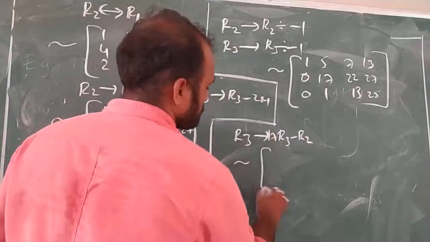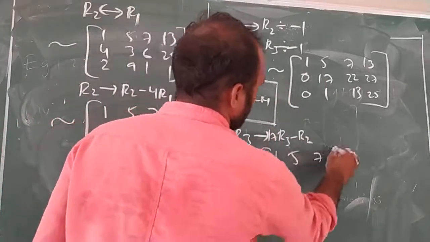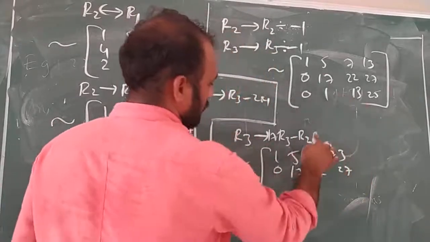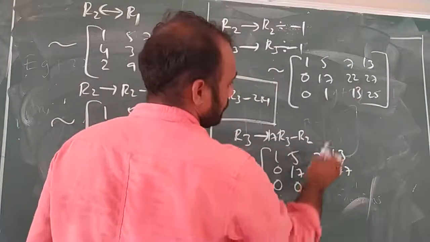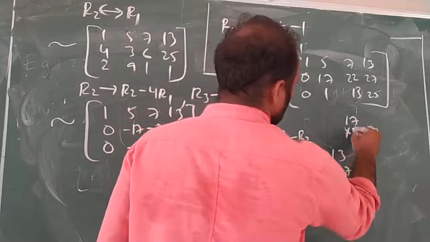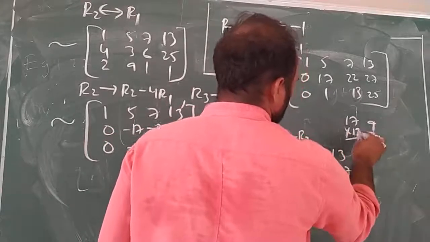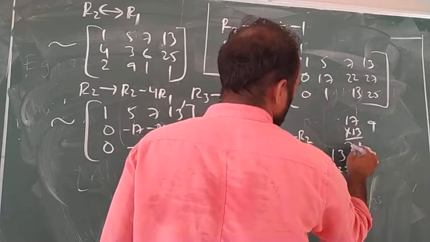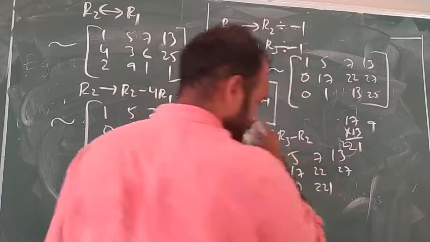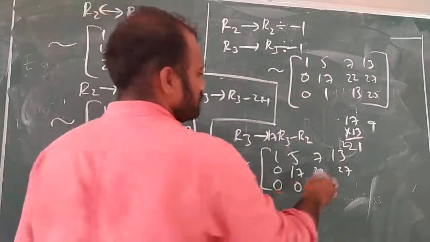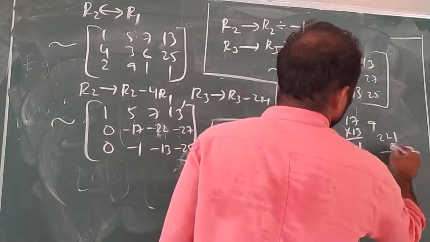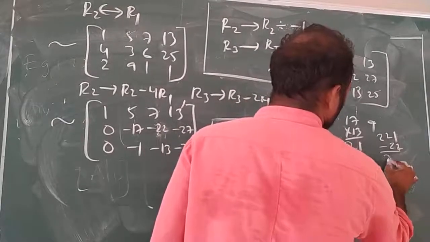So how will the matrix form become here? 1 5 7 13, 0 17 22 27, and here 0 0, then 17 into 13. 13 7s are 91, 13 1s are 13, so it is 221. So 221 minus 22 will be 199.